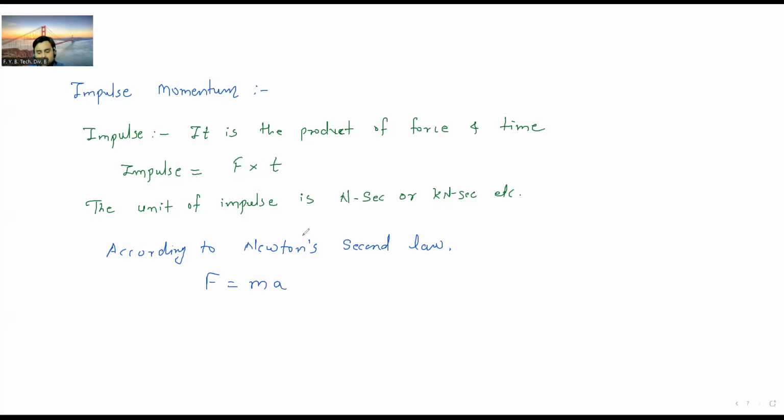Okay, F is equal to ma. But we know that V is equal to what? V is equal to U plus AT. Therefore, A is equal to V minus U divided by T. This already we have seen. A is equal to V minus U by T.